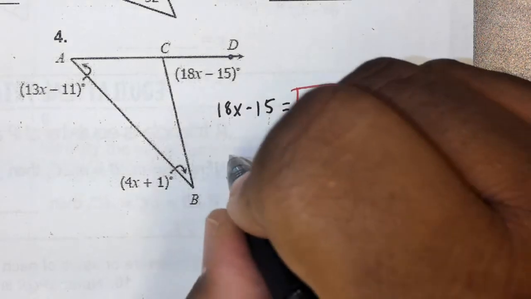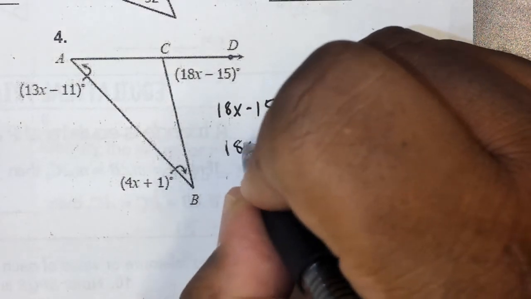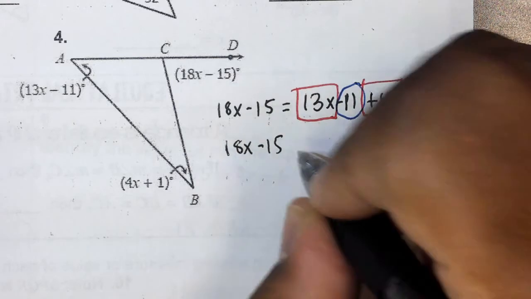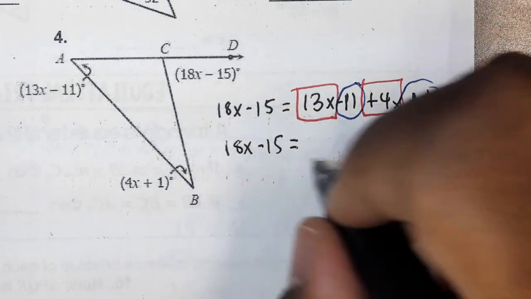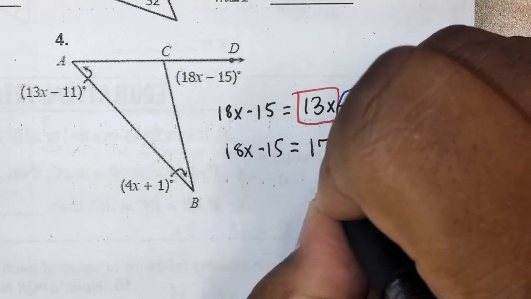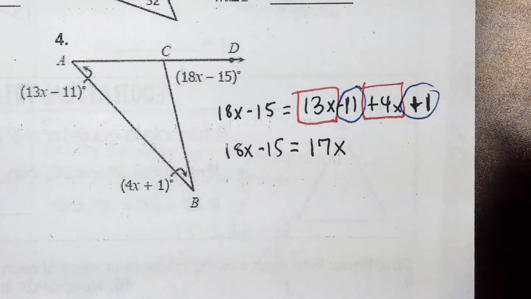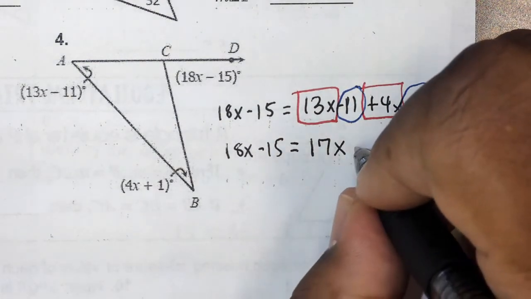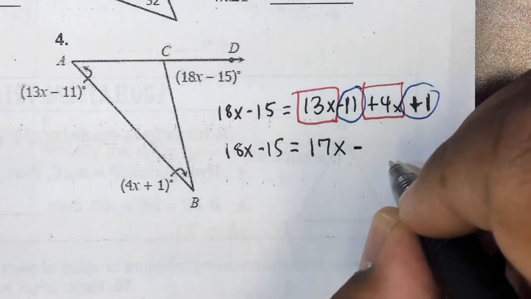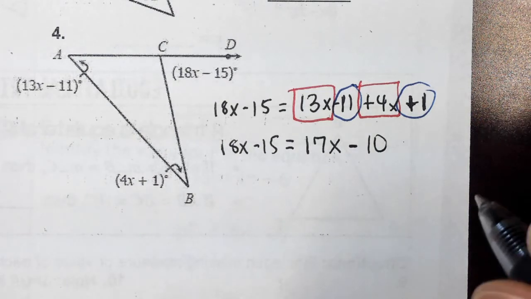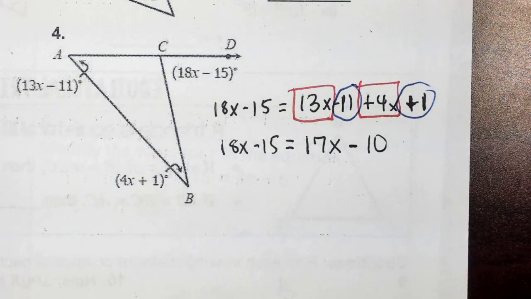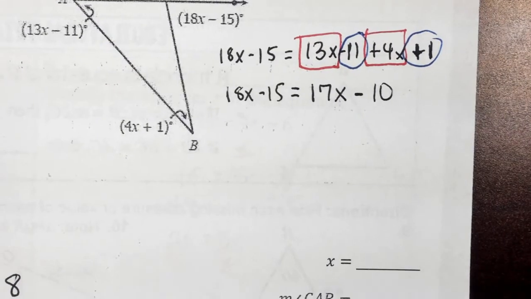On the right side, we can combine some terms. On the right side, you got 13x plus 4x, 17x. And then you got negative 11 plus 1. Should get negative 10. And now we solving. I'm so happy we're doing equations in bell ringers. Y'all need it.